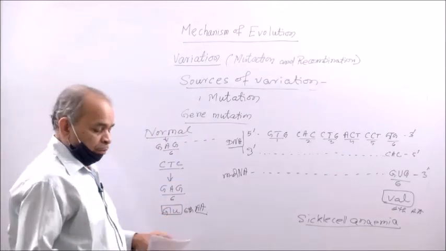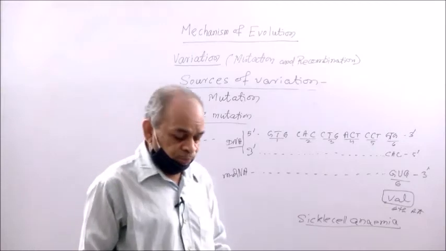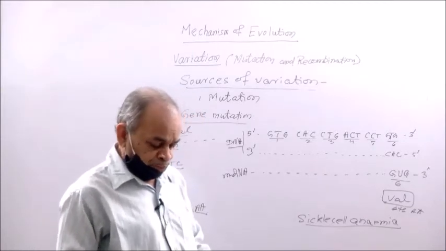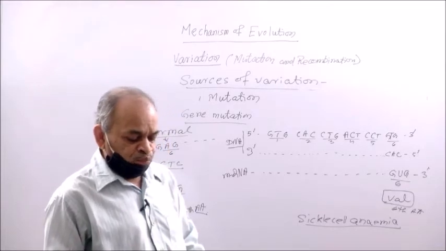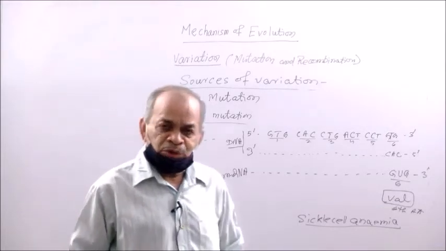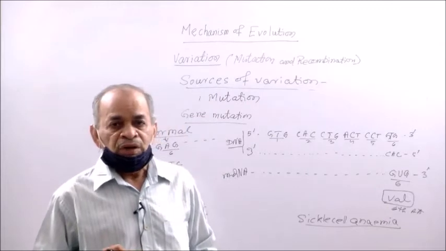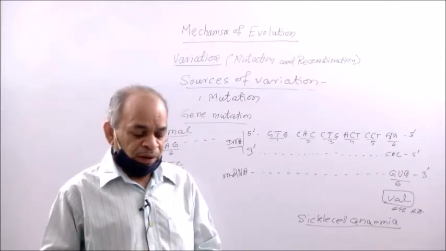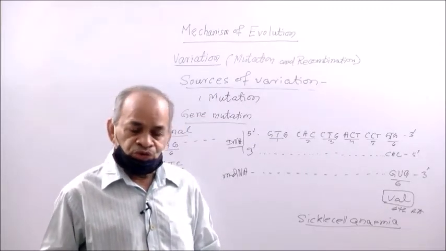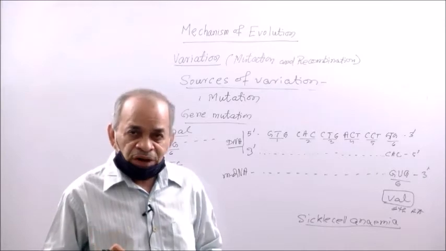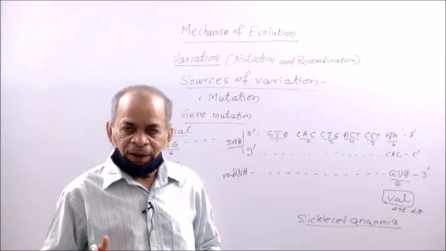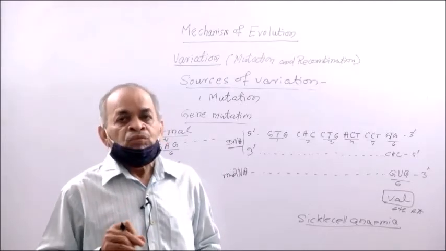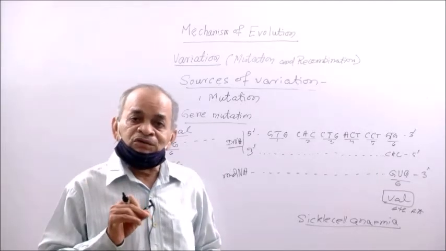So in the hemoglobin there is a change in the 6th amino acid. So in sickle cell anemia there is a single amino acid substitution in the beta chain of hemoglobin. Alpha chain, beta chain are there. So in the beta chain, a single amino acid is changed.